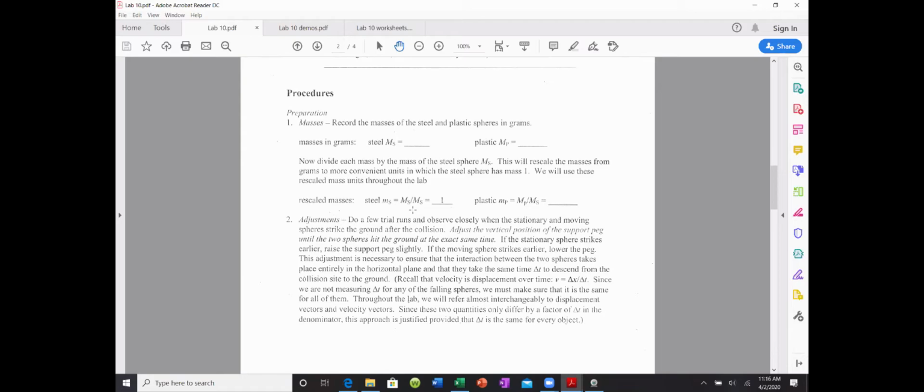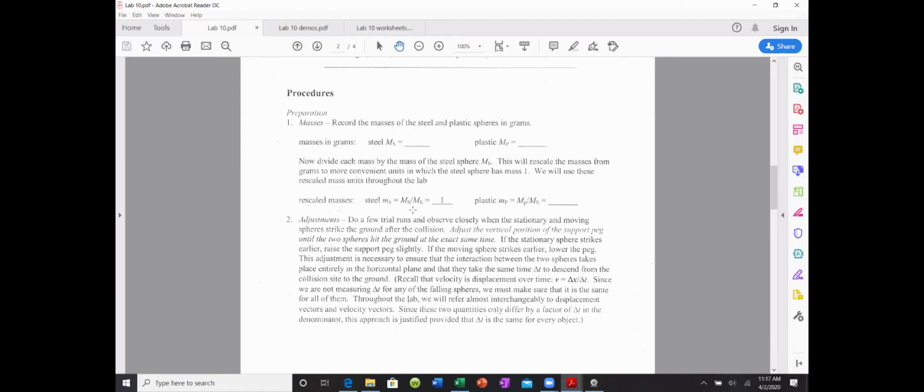Now, that's convenient because what do we have to do to calculate momentum? Momentum is mass times velocity. But if we're doing that calculation for a steel object, we're just doing velocity times 1, which of course doesn't change the number. So anytime we see a vector on the sheet, let's say this is V1, the velocity of a steel object. Now I'm supposed to put another vector on the sheet to represent momentum number 1.